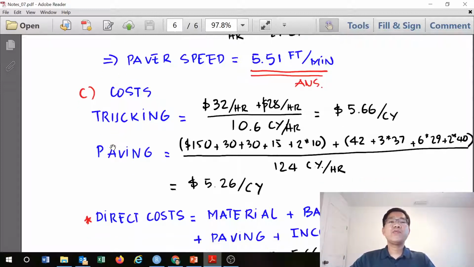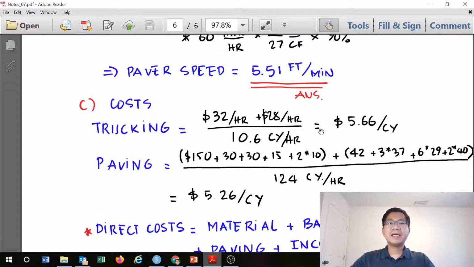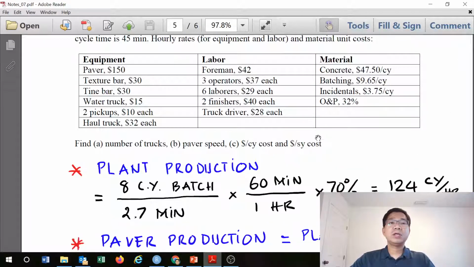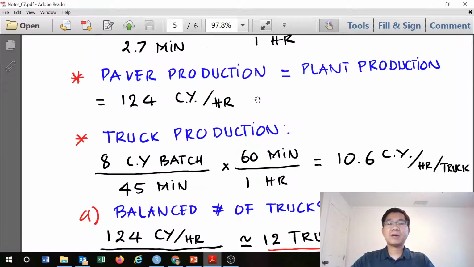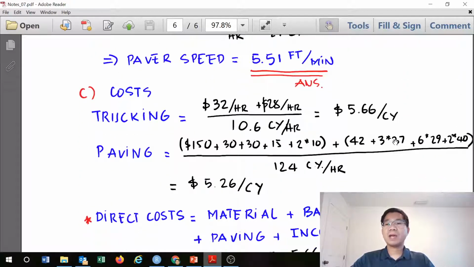Similarly, we do it for paving. The first parenthesis covers all the equipment costs for the paving, and then the labor costs for the paving, so we have two components, equipment and labor.